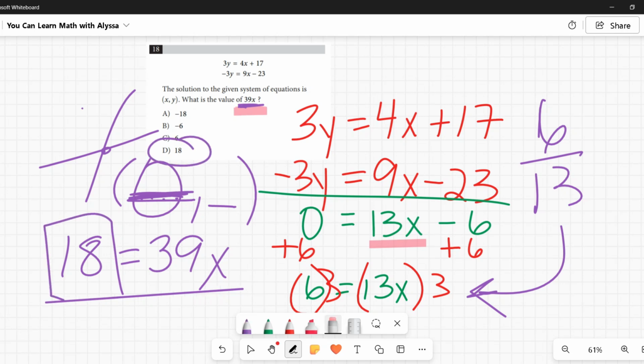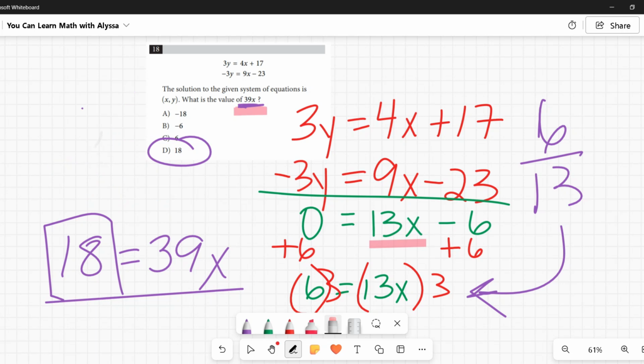So that's my only cautionary statement on this one: when you do it by graphing, you're not going to get this fraction of 6/13. You're going to get a decimal presented to you. On most calculators, they will present it as a decimal. And then when you multiply by 39, you're not going to get exactly one of these. Don't let that confuse you, going like, did I do something wrong? No, you didn't.